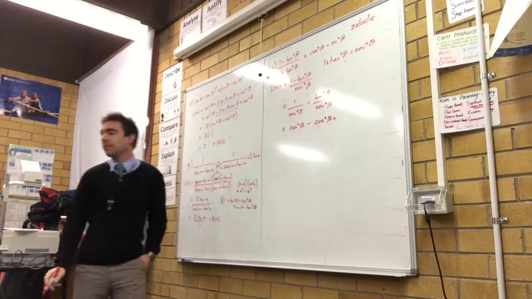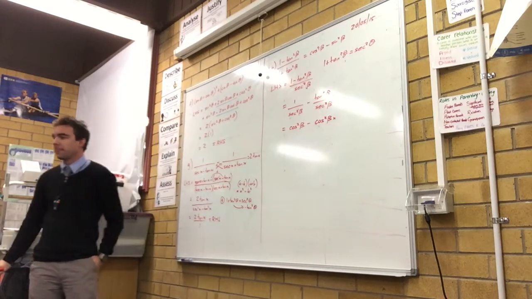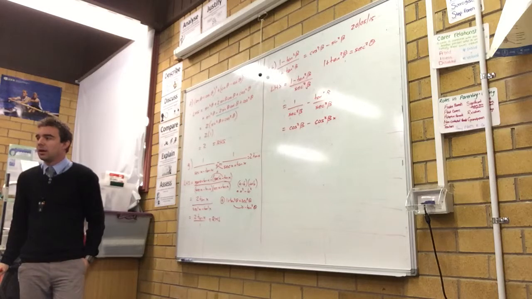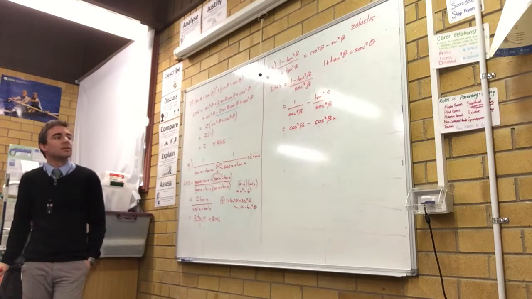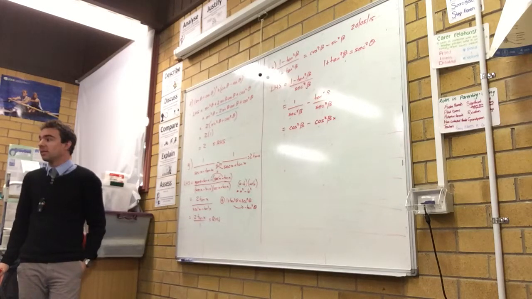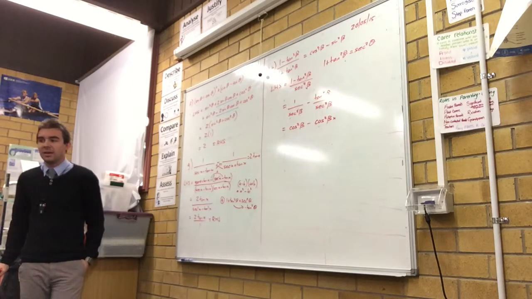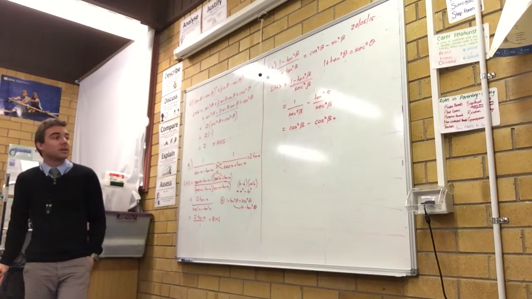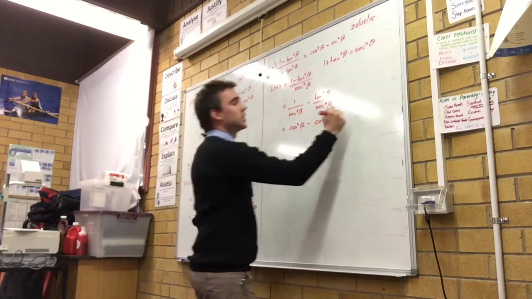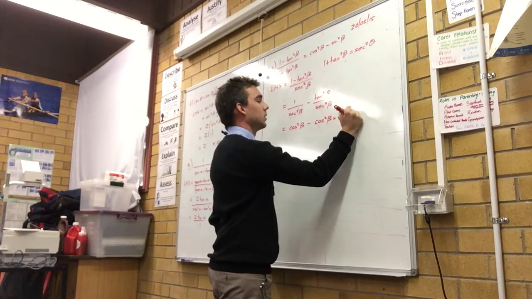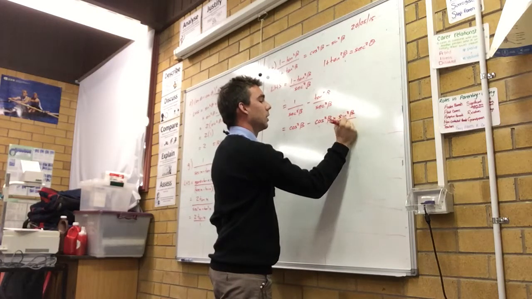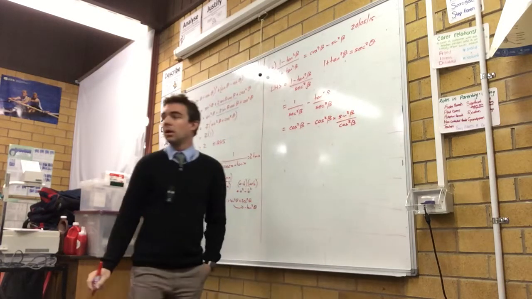And what can I write down for tan squared of beta? I'm looking at getting a sine squared beta. So what would I first write? You've got to write down the first identity: sine squared beta over cos squared beta.